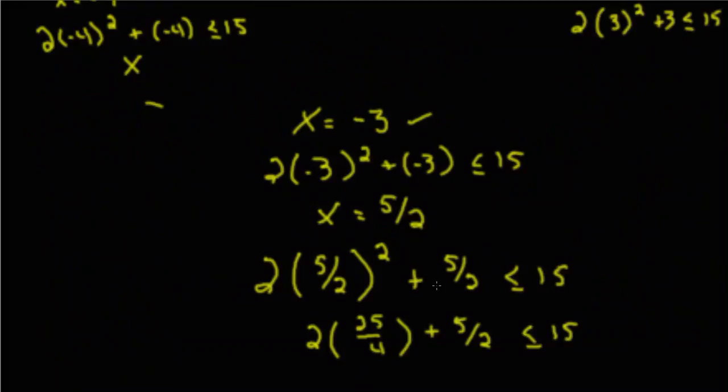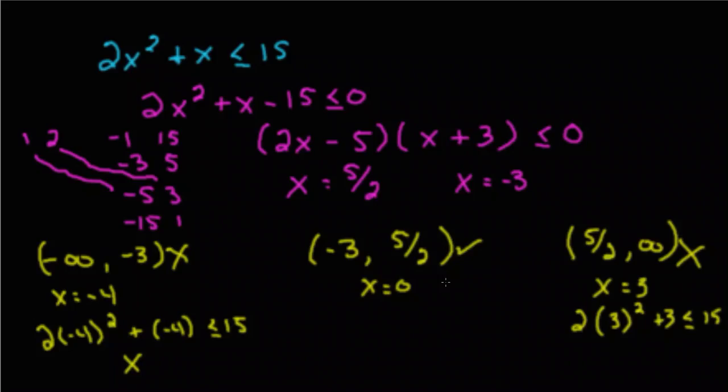Our lone solution interval is from -3 to 5 halves, and we have brackets to show that -3 and 5 halves are included in our solution.